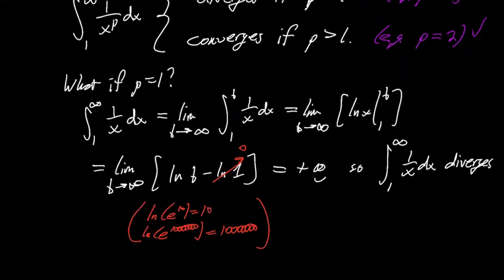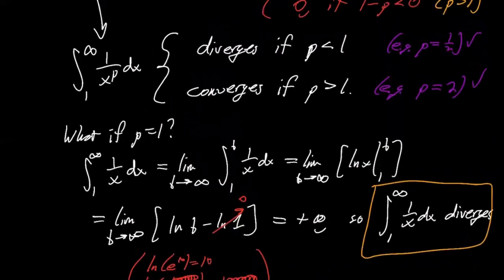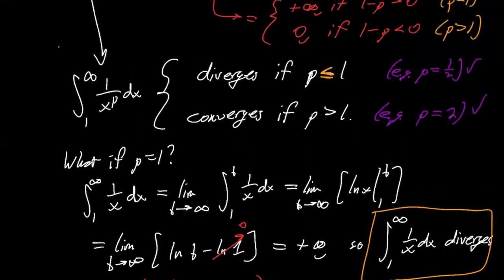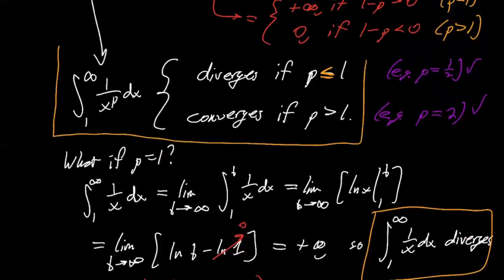Okay, so in fact, the p equals 1 case also diverges. So if I go up here, I can actually put less than or equal to 1 right there. And so now we have, this is the big statement, basically. But that's interesting, right?